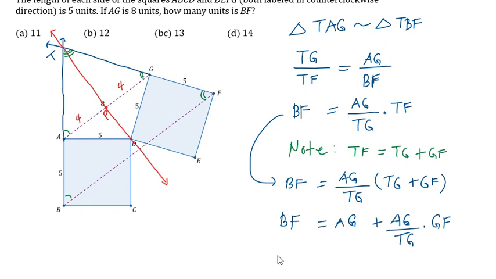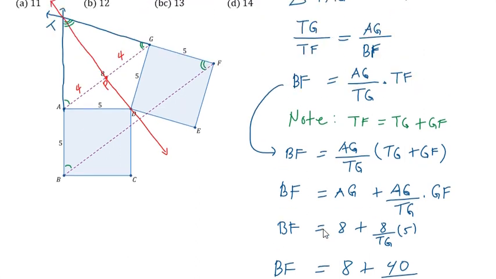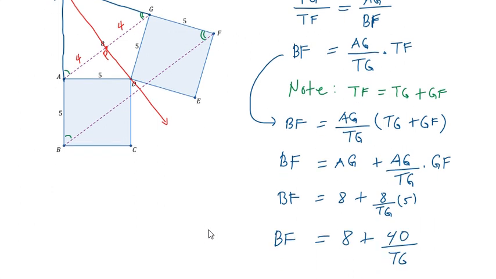So we have BF equals 8 plus 8 over TG times 5. If we simplify this further, we get BF equals 8 plus 40 over TG. Now, if only we know the value of TG, then the problem is already solved. So how can we find TG? Let's go back to the figure and find some more similar triangles.